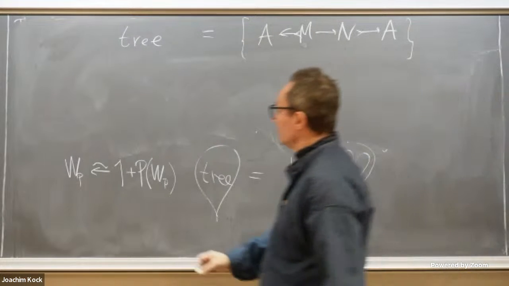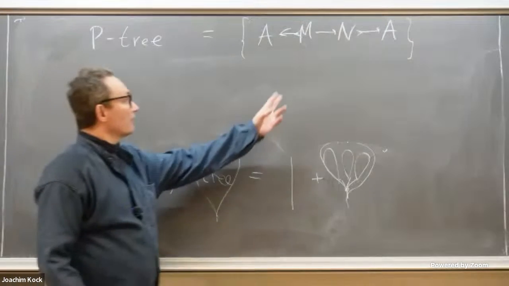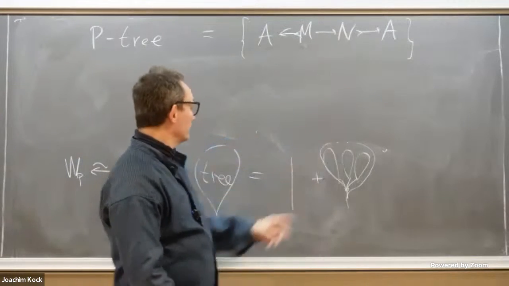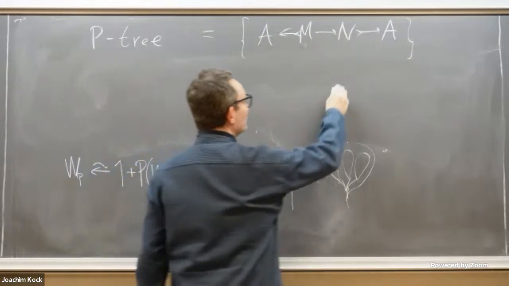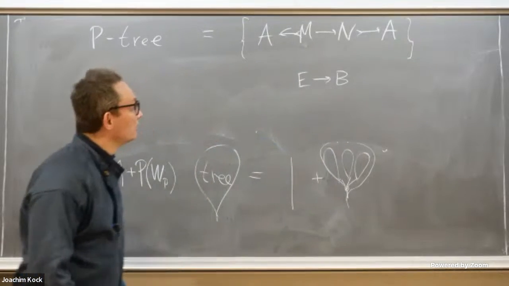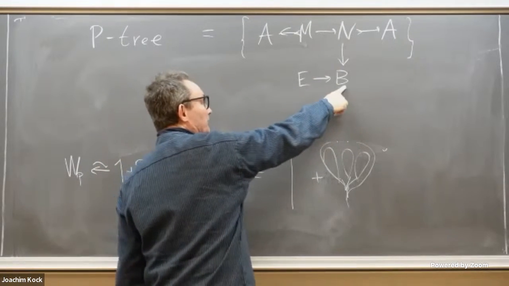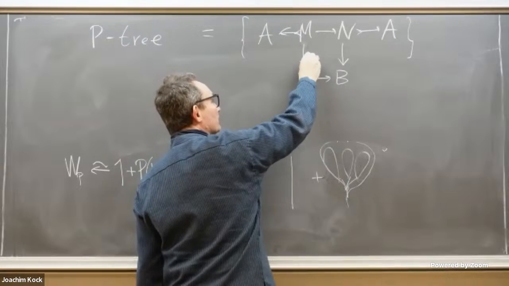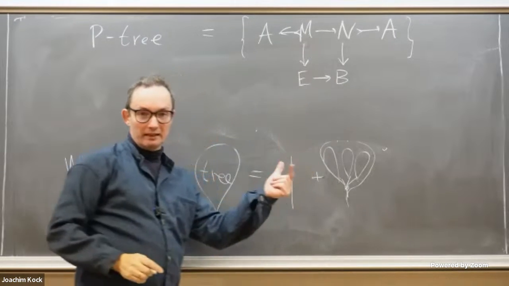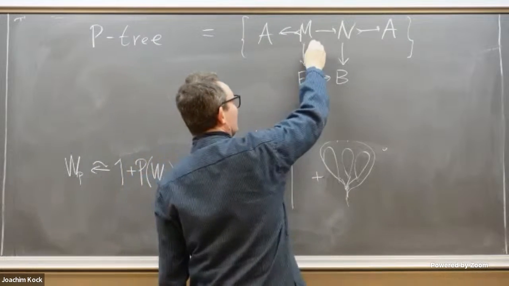And now we can say what a p-tree is. A p-tree is just a tree decorated by the polynomial functor p. So down here we have our polynomial functor, and we need to decorate every node by an element in B, and we need to decorate all these node edge incidences by elements in E, and this should be Cartesian.